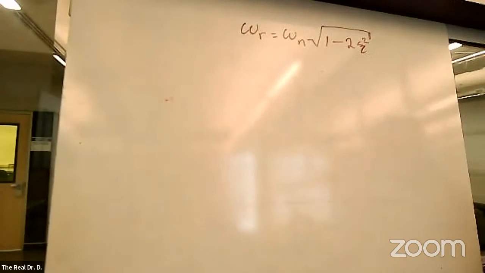This, if you're going to use it, depends on you having the transfer function in standard form and solving for omega n and zeta. The thing about resonance is it will never be at a frequency higher than omega n. It will always be at or before omega n. And in most cases, it's like right before. If it happens at omega n, it's not really good.